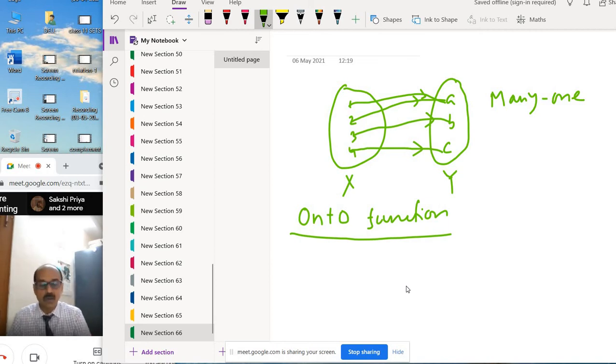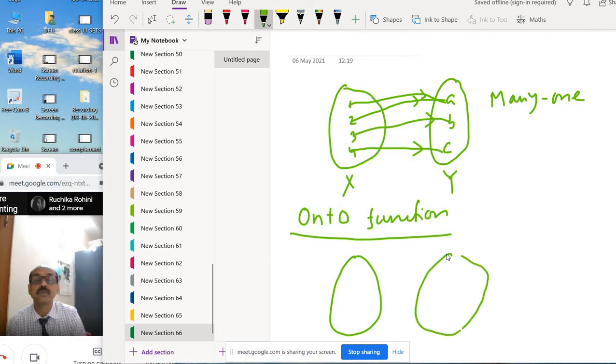Now, draw an onto function. One, two, three, four elements are the first set, that is pre-image. 1, 2, 3, 4, and image is A, B, C, D. Every element of Y set has at least one, exactly one pre-image.